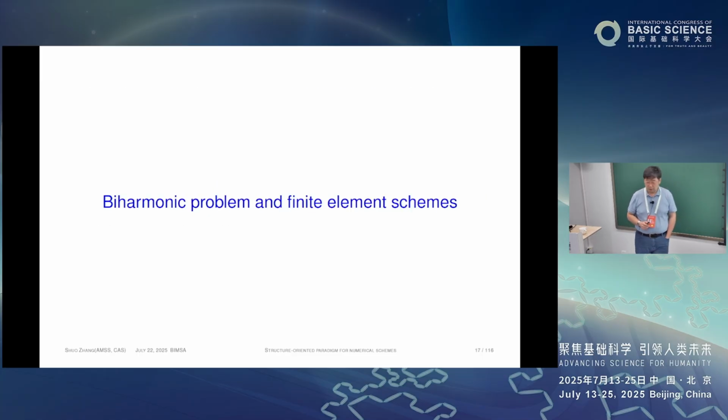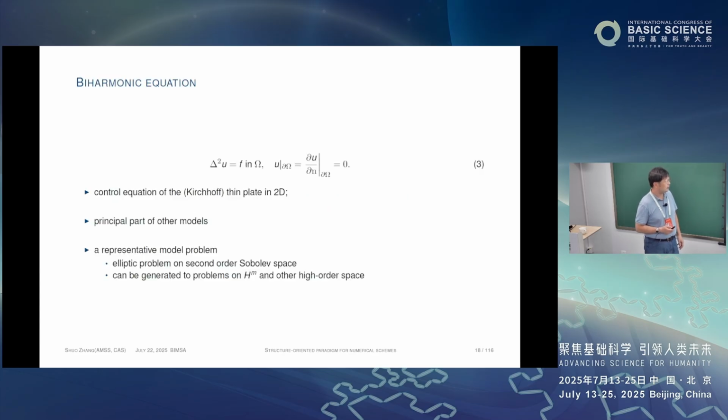So, what is the biharmonic equation? This problem is not as familiar to the community as the Poisson equation, so let me introduce a little bit about that. This is the biharmonic equation. That is, Laplacian composed with Laplacian, Laplacian squared u equals f, with boundary condition u equals 0, and its normal derivative equals 0 on the boundary.